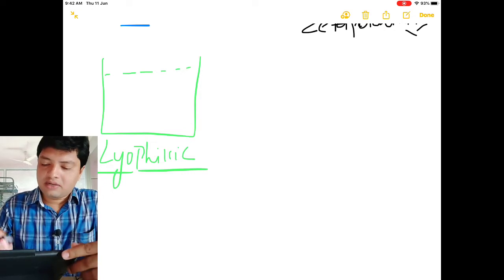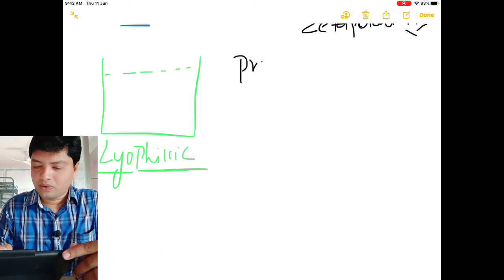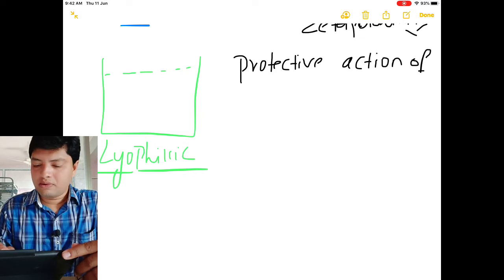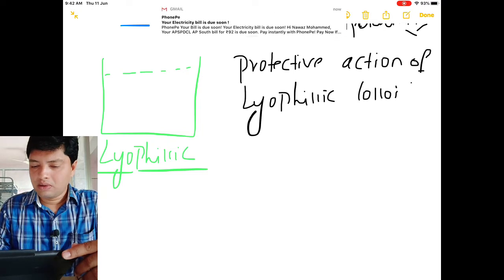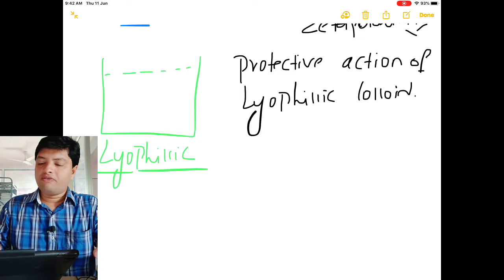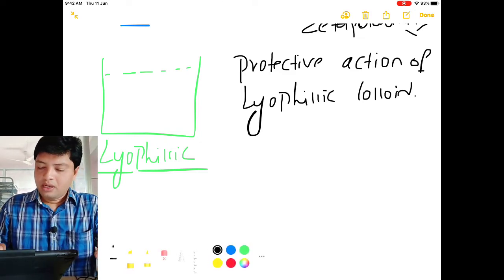Now we'll try to see how the protective action of lyophilic colloid works.